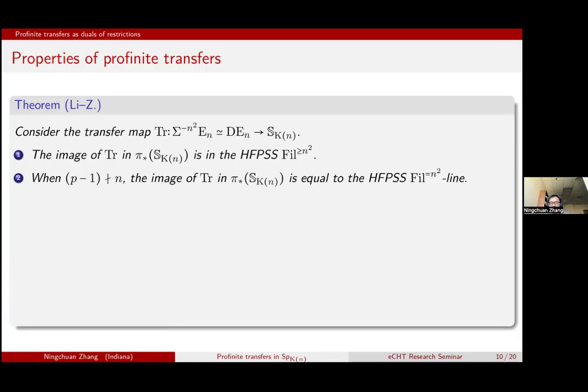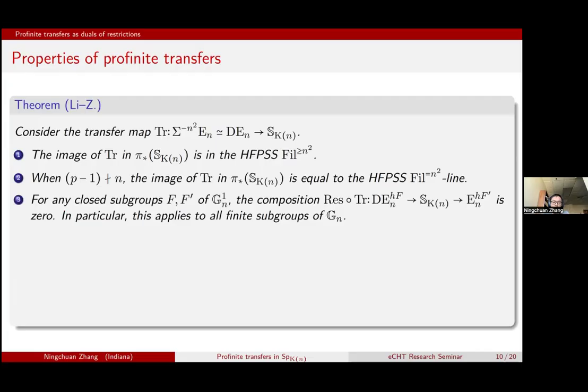Okay, why am I calling it transfer? This is just some map that I defined. If by saying transfer, you definitely want to ask, how about the double coset formula? Because for finite transfer and restriction maps, double coset formulas are very important. So what happens if we compose restrictions and transfers? Turns out, if you first do transfer and then restriction, you'll get a lot of zeros.